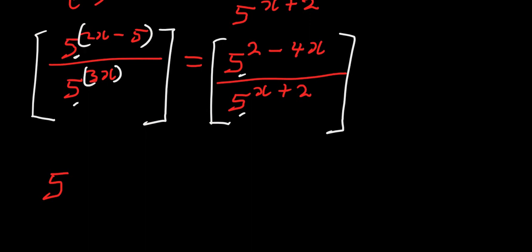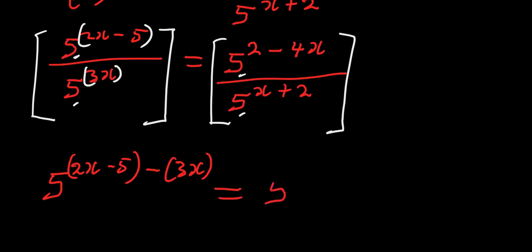So 5 exponent 2x minus 5, that is the exponent of the numerator minus the exponent of the denominator, minus 3x. Good. So this will be equal to, we are still going to write the right hand side as a single base of 5 exponent, subtracting the exponent of the denominator from the exponent of the numerator.